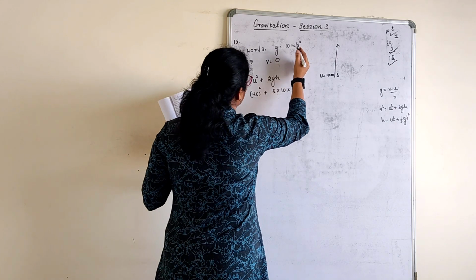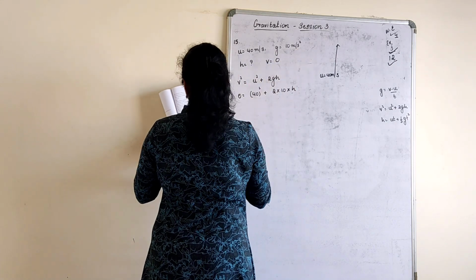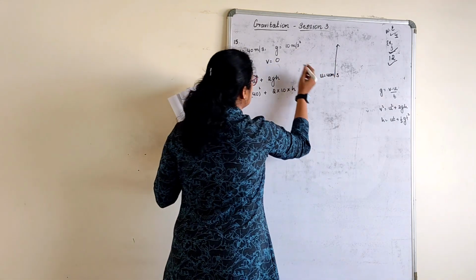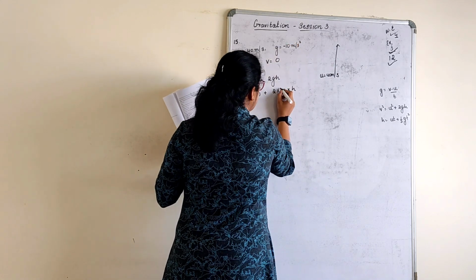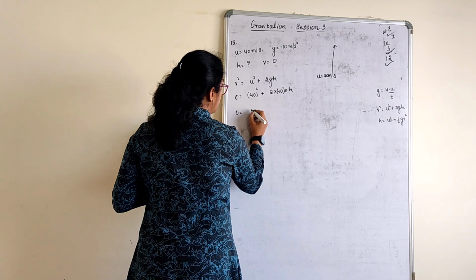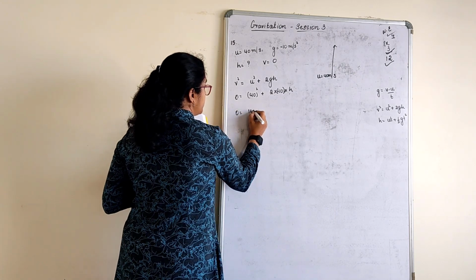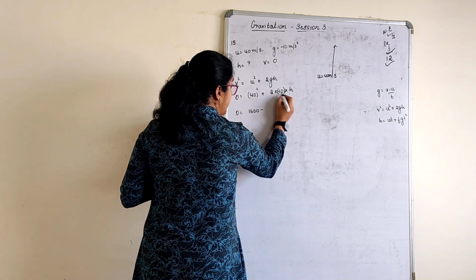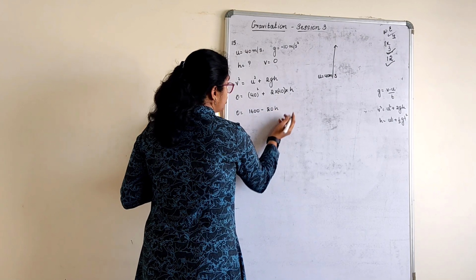Now once again, children, the stone is thrown vertically upwards, so let me consider g as minus. Calculate this: 0 is equal to 40 square, 1600, minus 20h.